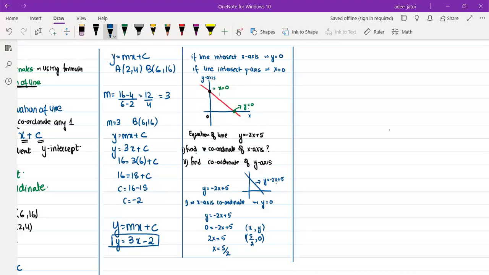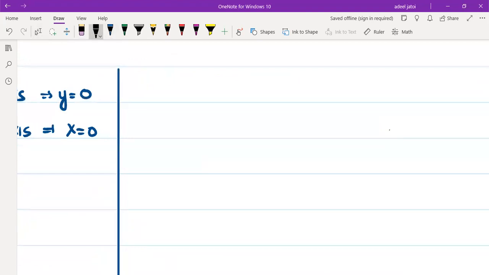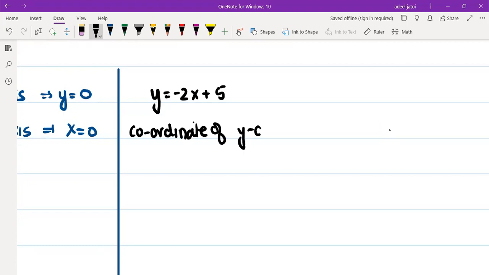Now looking at part 2, the question says find the coordinate of the y-axis. With the same equation, that is y is equal to minus 2x plus 5. The question asks for the intersecting coordinate of the y-axis. Now, when I need the intersecting coordinate of the y-axis, your x should be 0.